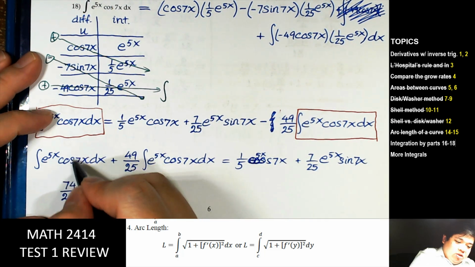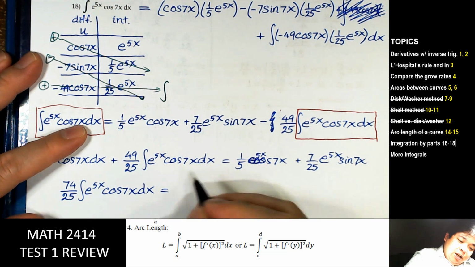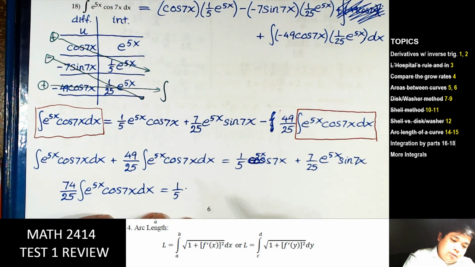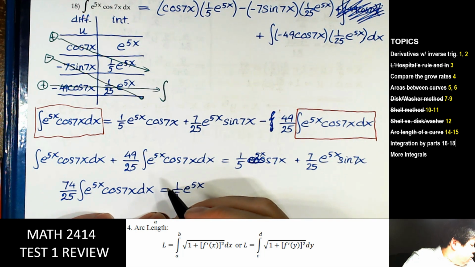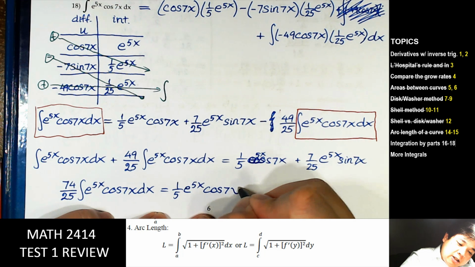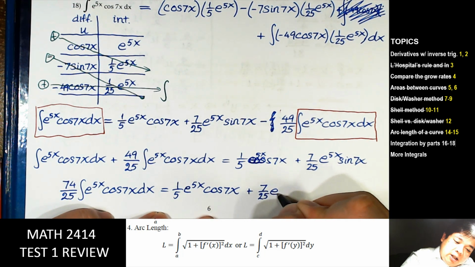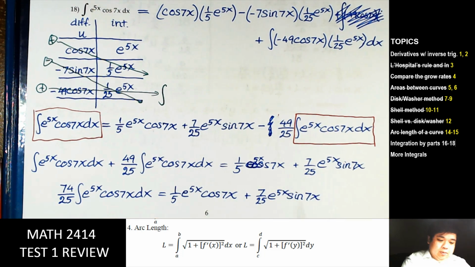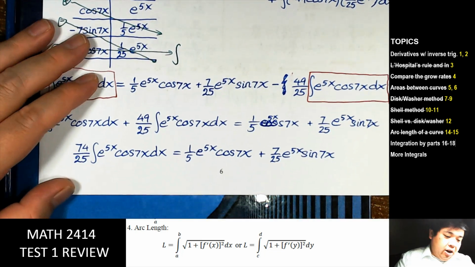We can just use the I to simplify that, but just keep it like this. 1/5 e to the 5x cosine 7x plus 7 over 25 e to the 5x sine of 7x, and multiply by the reciprocal of 74 over 25.